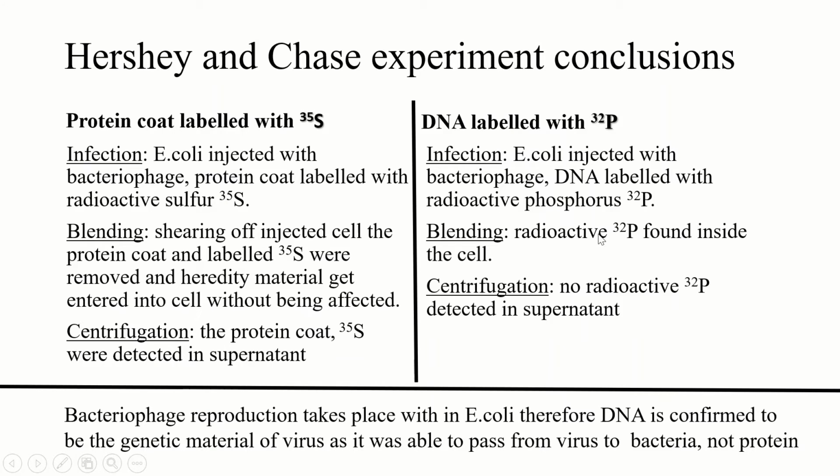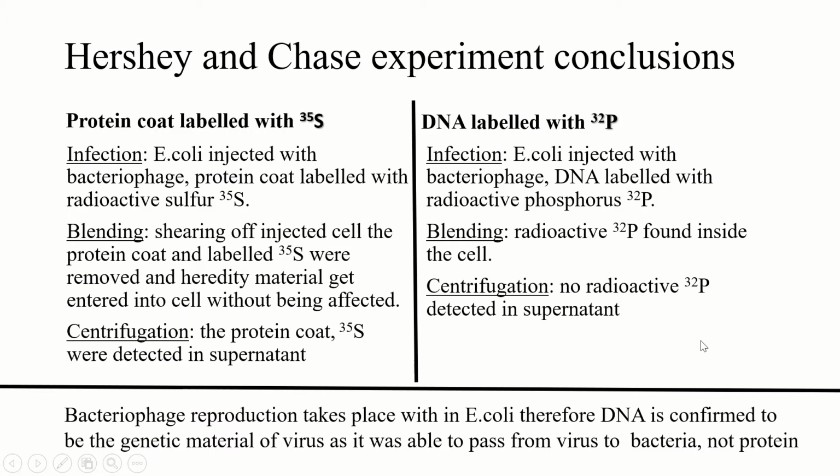But in the case of DNA, it was observed that the radioactive phosphorus was found inside the cell, it easily passed into the cells. And in the third phase, centrifugation, the protein coat was detected in the supernatant, whereas in the case of phosphorus, the DNA material, no phosphorus was detected in the supernatant.